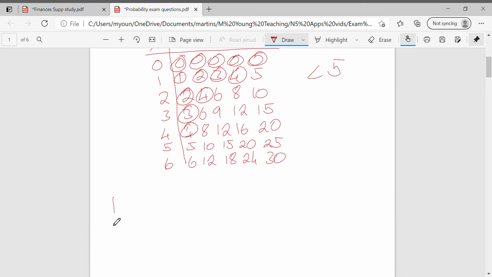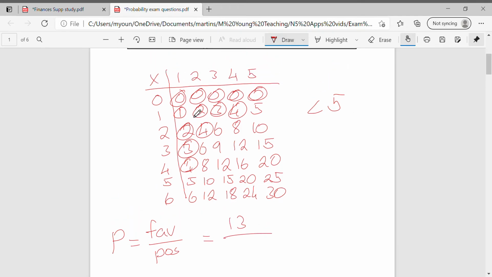Probability, remember, is the number of favourable outcomes over the total number of possibilities. Favourable just means the thing you're interested in. So in this case, we're interested in the winning number. So the winning number is 13 lots of that. And the total, well, I've got 1, 2, 3, 4, 5, 6, 7.